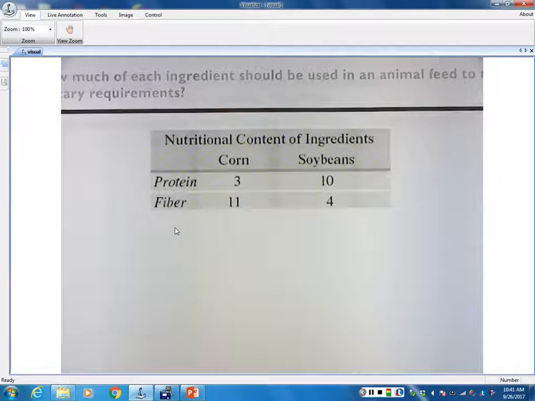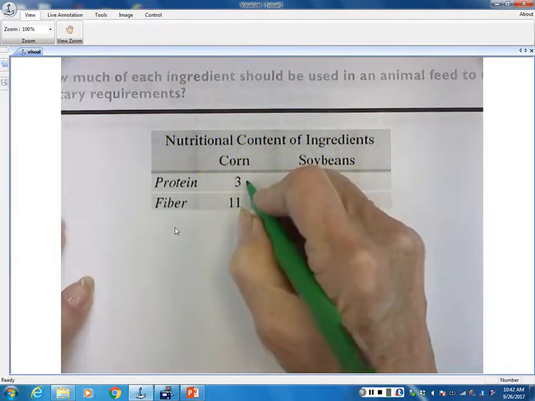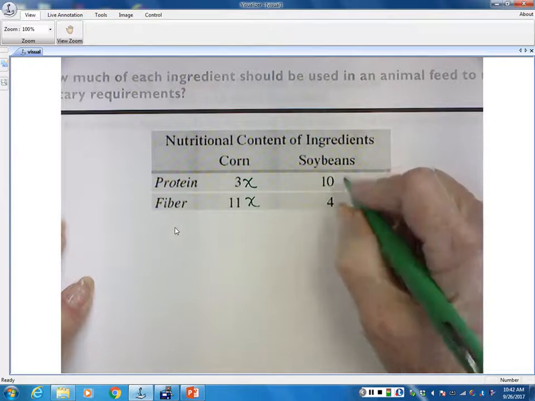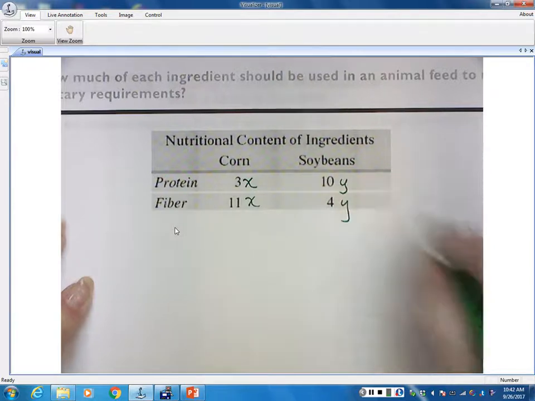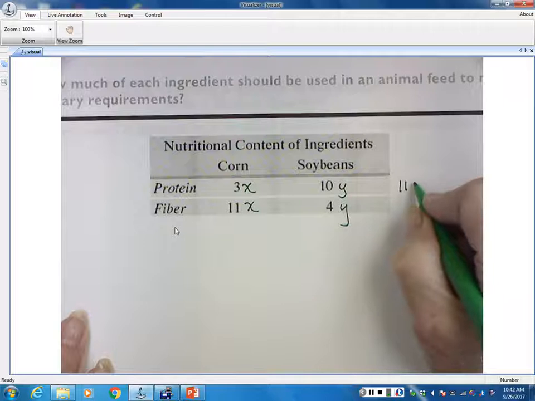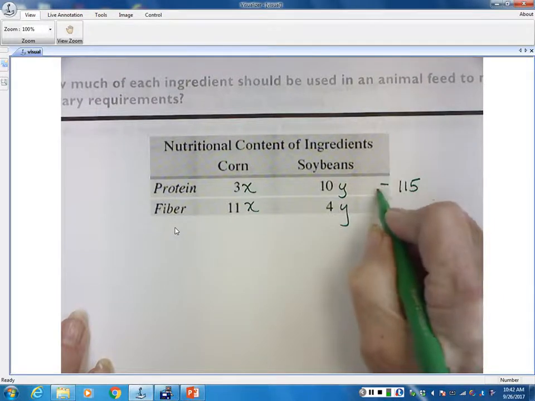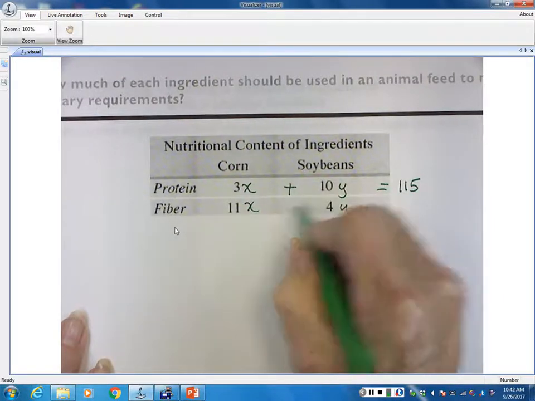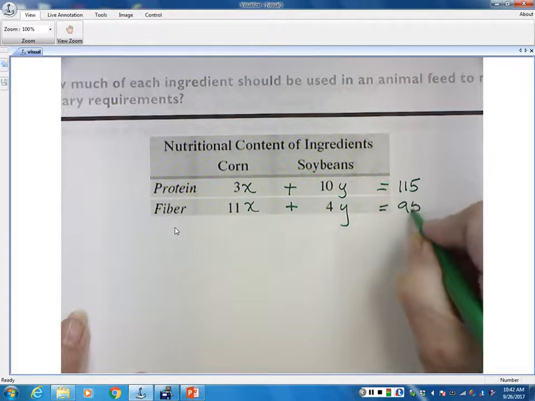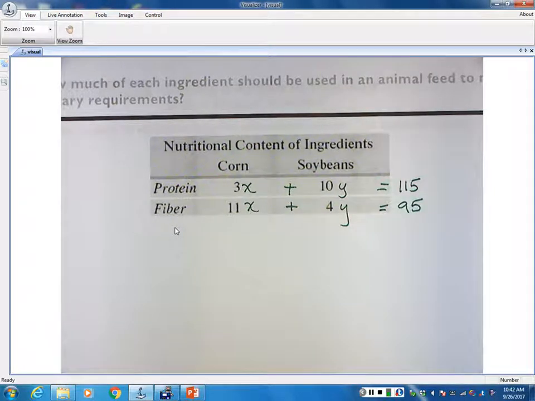So here's our table, and from the table we have figured out that we need, since corn is X, soybeans is Y, a total of 115 grams of protein, and we need a total of 95 grams of fiber. This is going to be our system of equations.